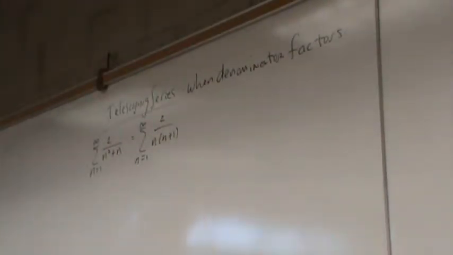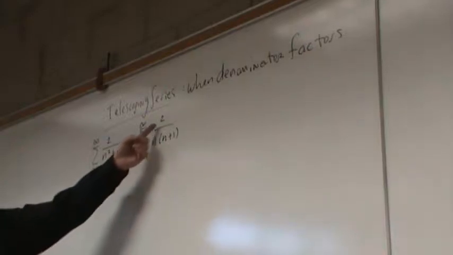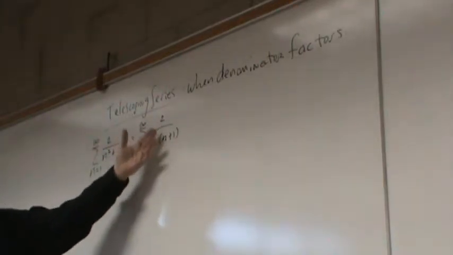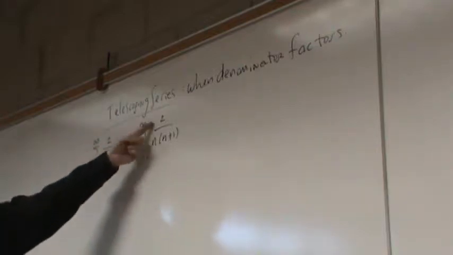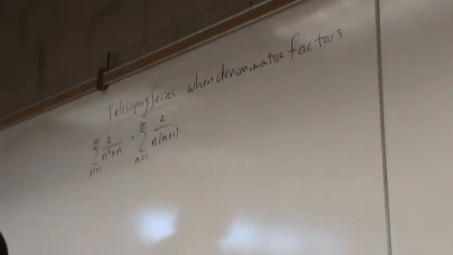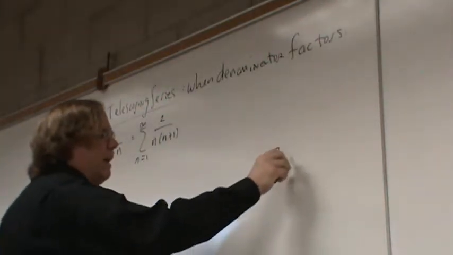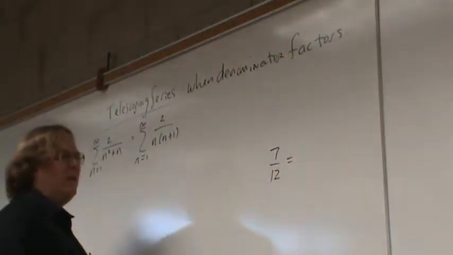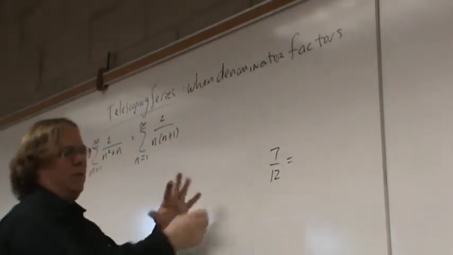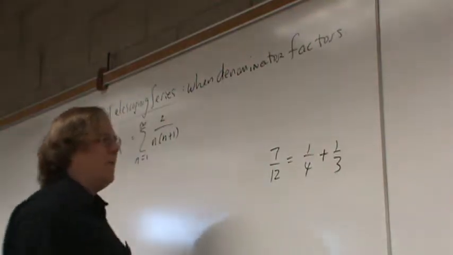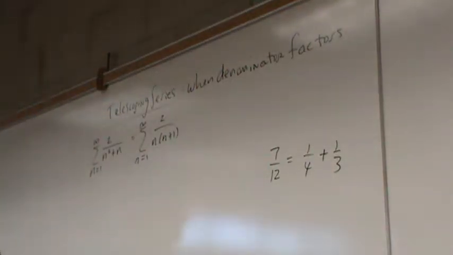And at this point you go, I'm going to do something clever and tricky. I'm going to express this fraction as something over n plus something over n plus 1. That is, I'm going to do this sort of thing, you know, like you have 7/12ths. And you end up going, well, I can do a bunch of mathematical machinations, and I end up with 7/12ths is the same as 1/4 plus 1/3.